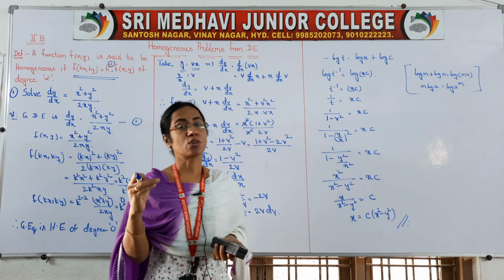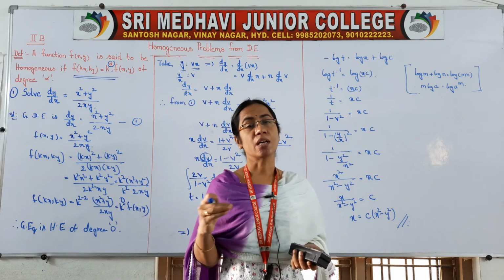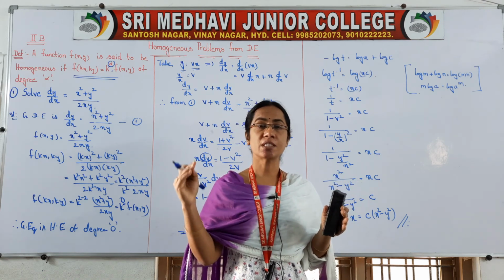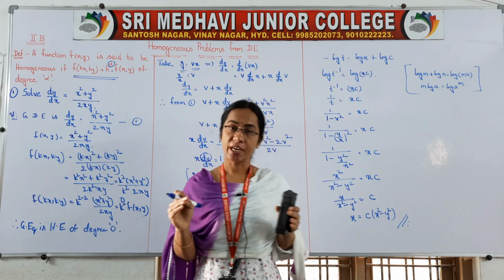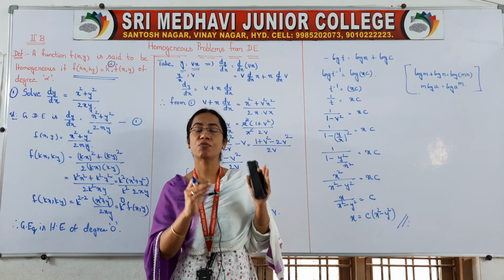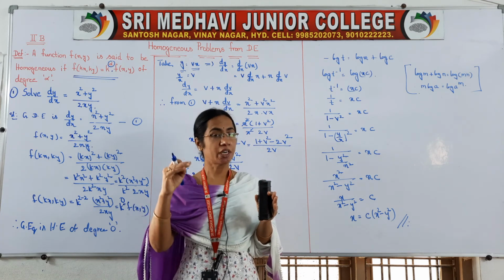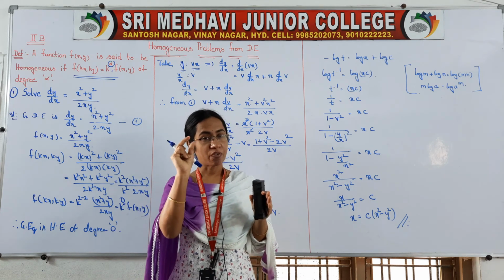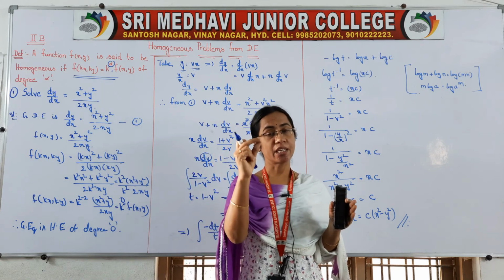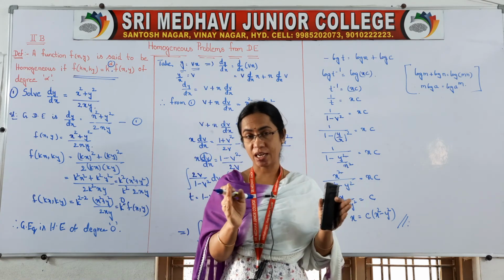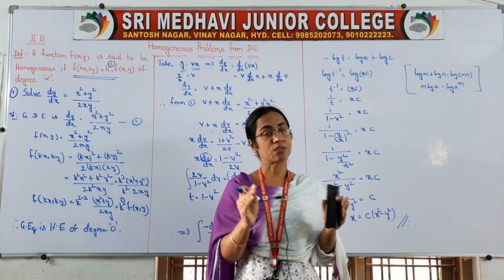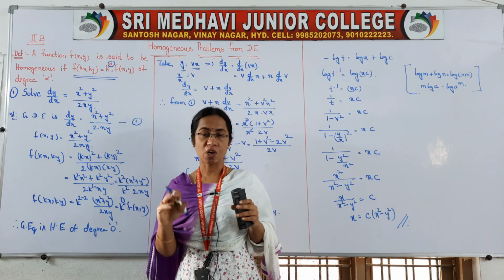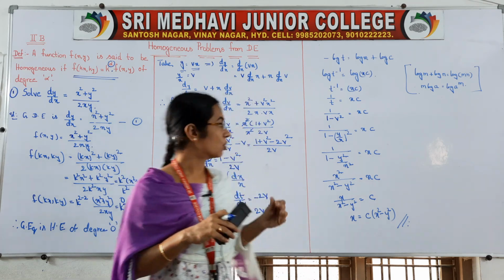To check homogeneous form, in that equation, in place of x we substitute kx, in place of y we substitute ky. After that, f of kx comma ky is equal to k to the power of some value into f of x comma y. That k to the power of alpha can be any number. Then we can say that the given function is a homogeneous function with degree alpha. Here alpha can be positive or negative.